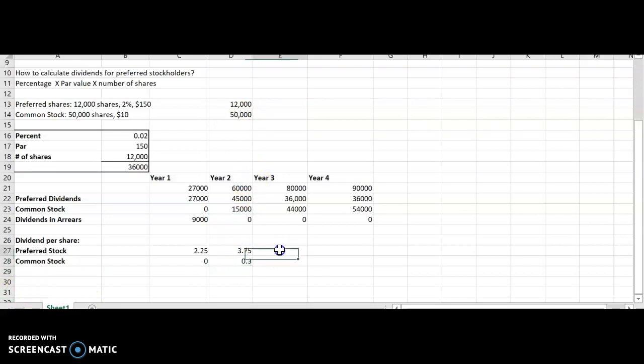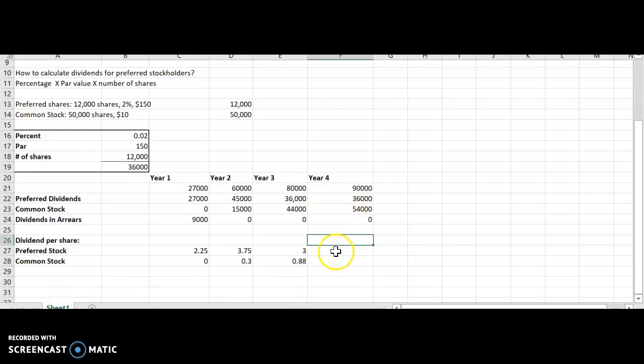For year 3 for preferred stockholders, I have $36,000 divided by 12,000 shares, $3 per share. And then for common stockholders, I have $44,000 divided by 50,000 shares, which would be 88 cents per share.